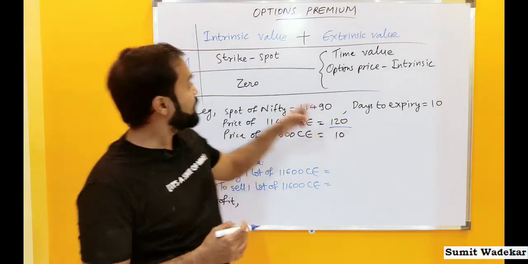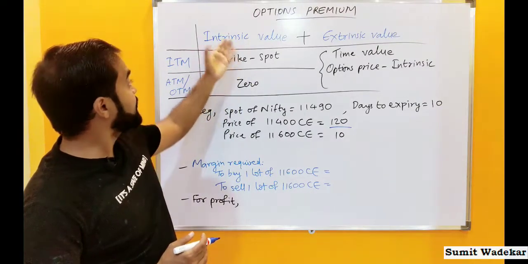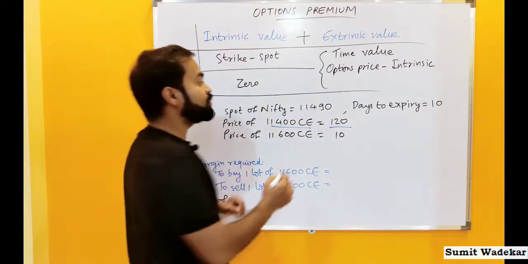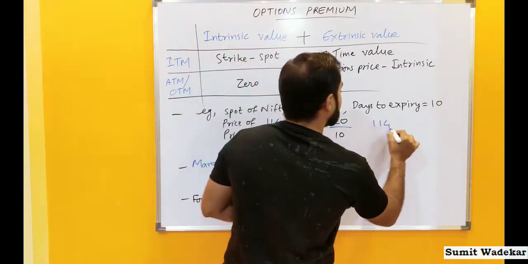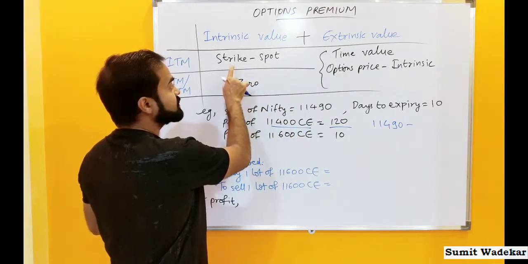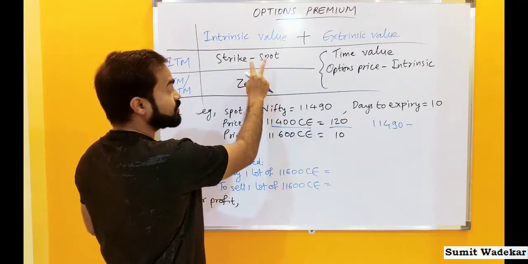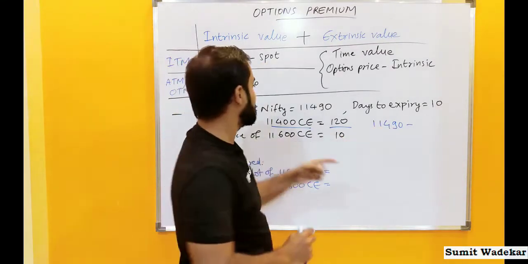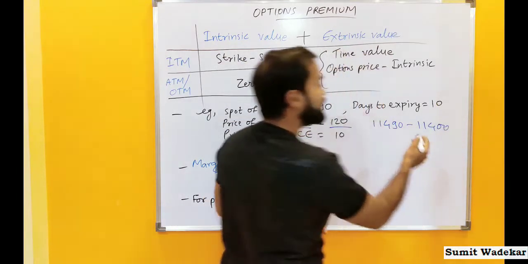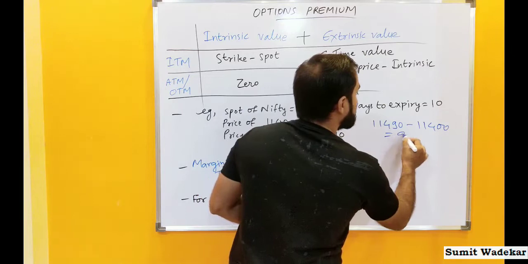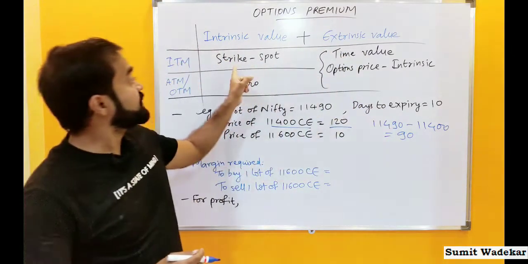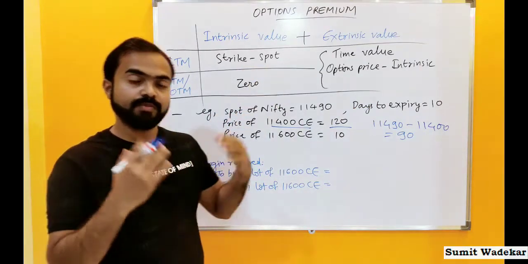So here we will calculate the intrinsic value of this call. Intrinsic value will be the difference of the spot and strike. Spot is 11,490 and strike price is 11,400. This will be 90 rupees. This value cannot be negative, so we have to take the positive value.